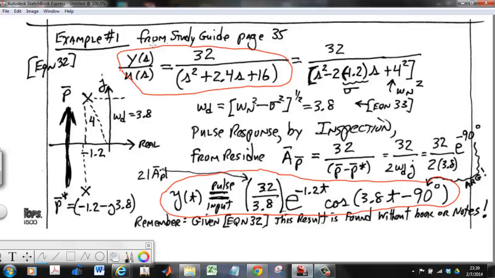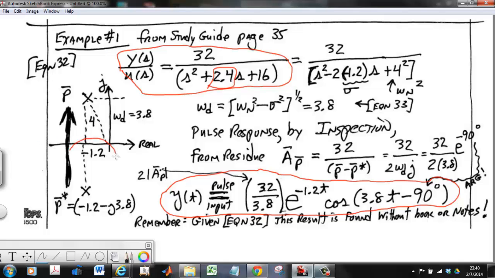So here's a case where we have 32 over s squared plus 2.4s plus 16. And the first thing I do is to put the roots. So I'll take 1/2 of that, that's 1.2. And I know my real root is minus 1.2. It's minus 1/2 of the coefficient of s.